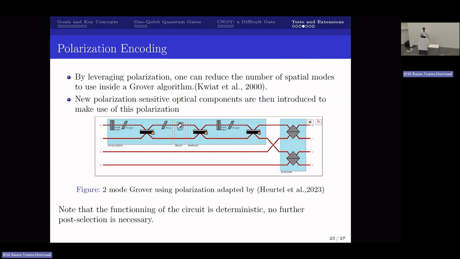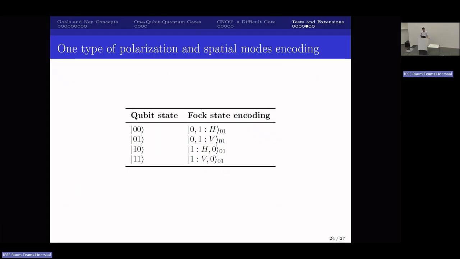And you will need to introduce new polarization-sensitive optical components, which I can name the wave plates and polarization rotator. It is not in the scope of this presentation. So one type of polarization encoding could be this.